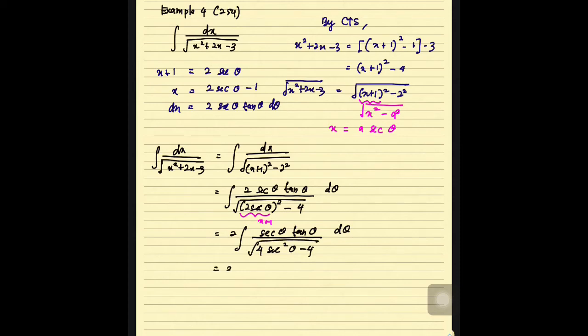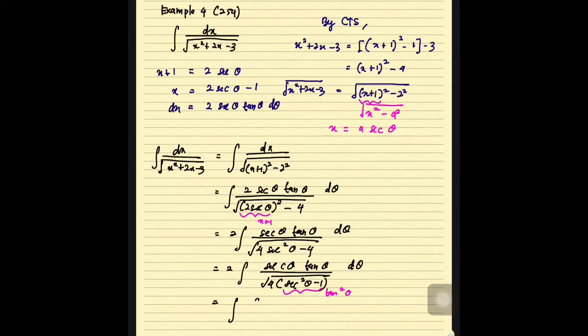We can factor out 4: secant theta tangent theta over the square root of 4 times secant squared theta minus 1, d theta. Secant squared theta minus 1, by using the identity, is equivalent to tangent squared theta. Tangent squared theta under the square root, you will just get tangent theta. Here the square root of 4, you will get 2.